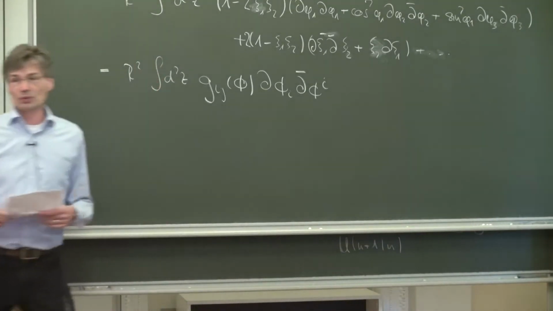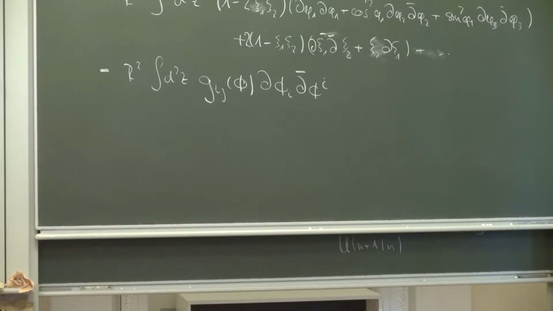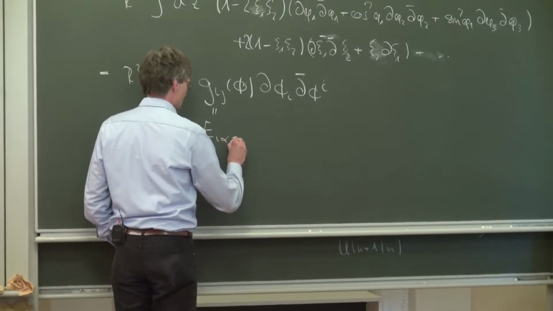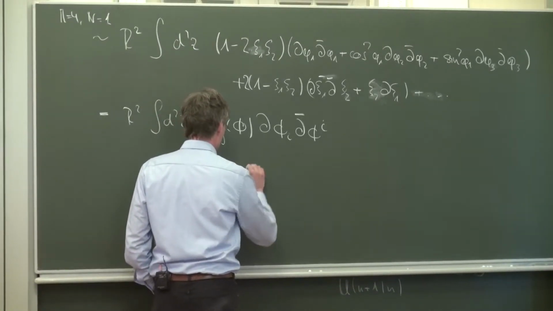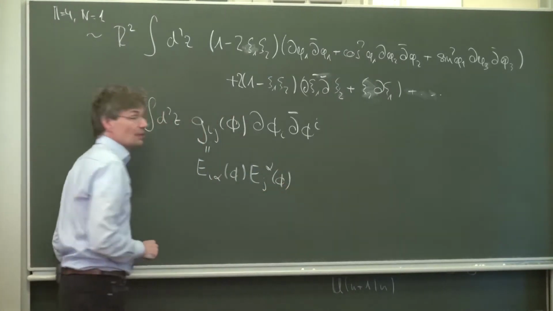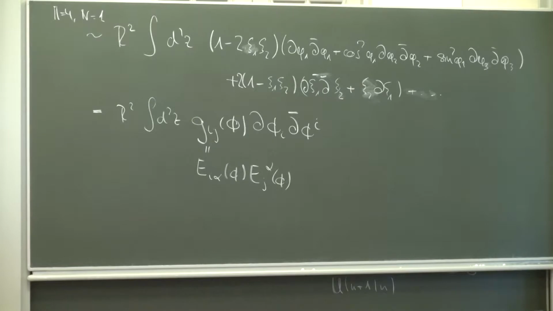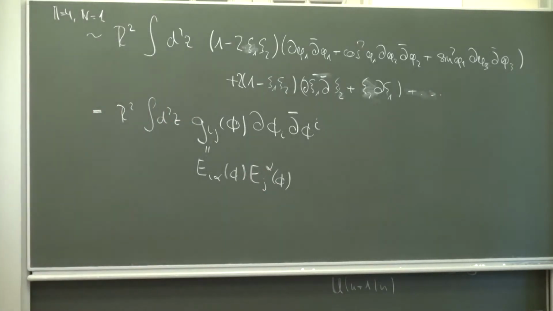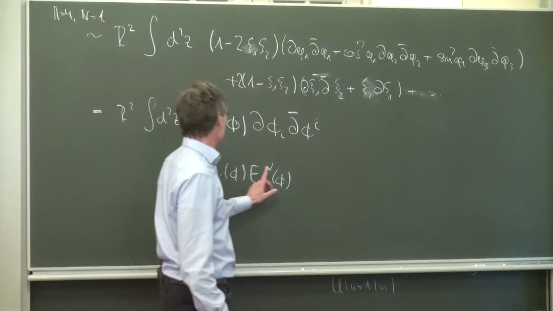You see, also in supergeometry, you can take the metric and write it in terms of the vielbein, split it into a product. So you can write this as E_i^alpha(phi) E_j^alpha(phi), where E is the vielbein, and the alpha contraction is with the Killing form of your symmetry algebra.